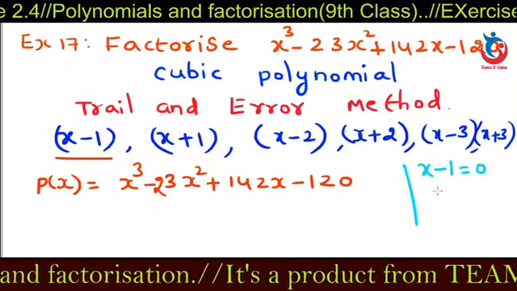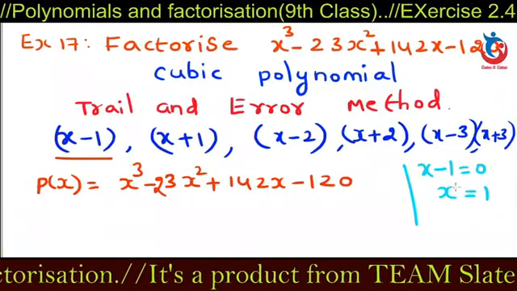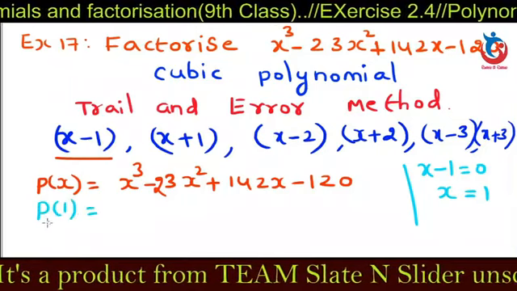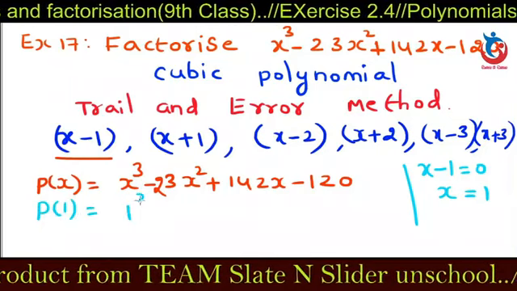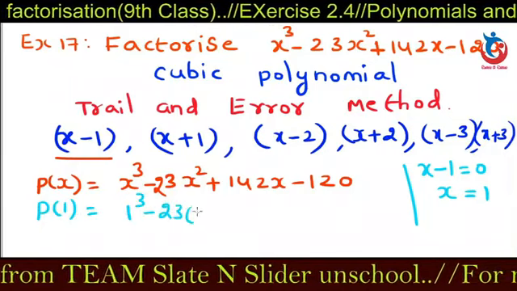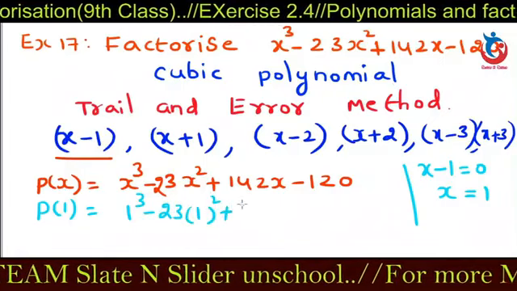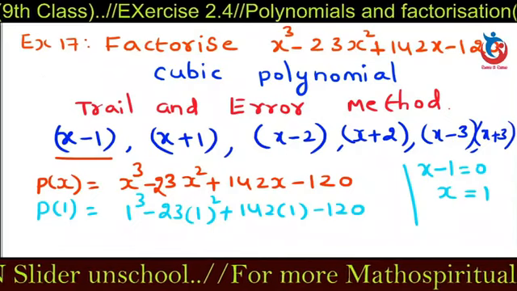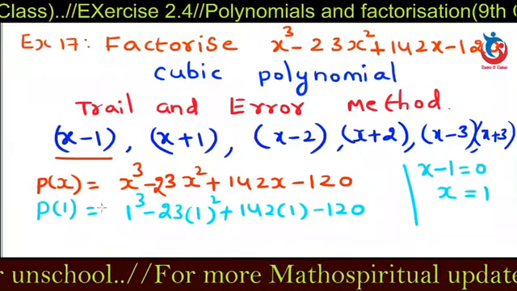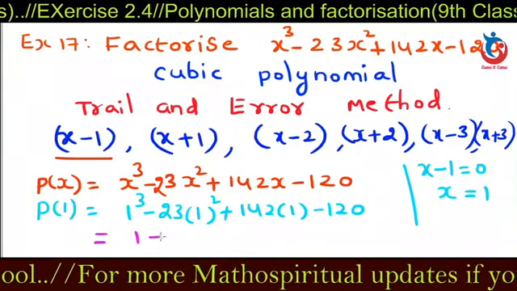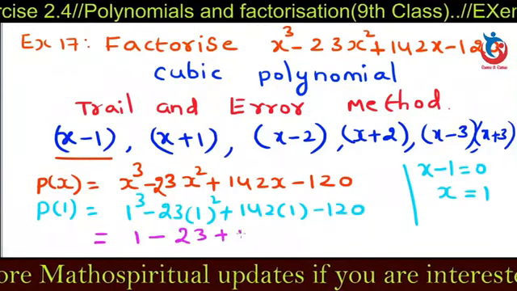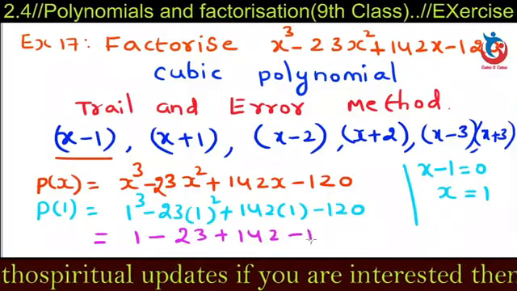So x minus 1 is equal to 0, x is equal to 1. So substitute this 1, then it will become p of 1. So 1 cube minus 23 into 1 square plus 142 into 1 minus 120. So it is equal to 1 cube is 1, minus 23 into 1 square, 1, 23 into 1, 23, plus 142 minus 120.